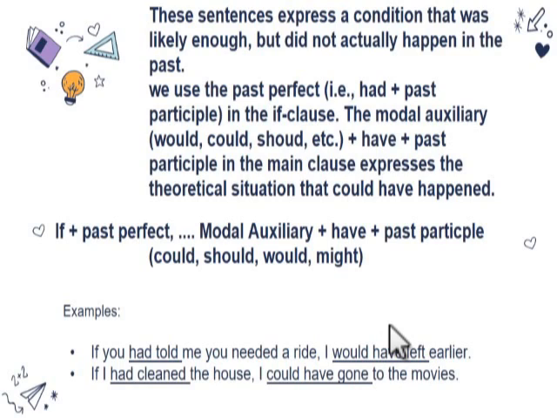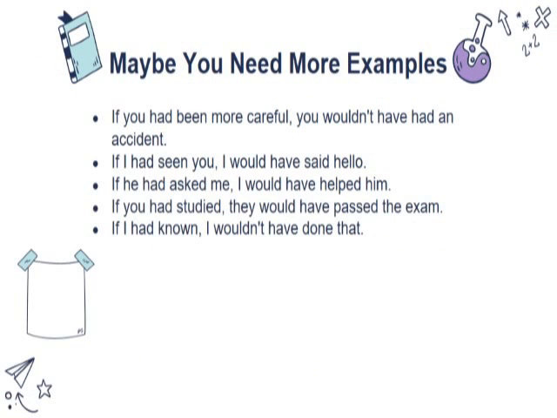If I had cleaned the house, I could have gone to the movie. It means that you didn't go to the movie, because you didn't clean the house. Next, the other example: if you had been more careful, you wouldn't have had an accident. It means that you got the accident.